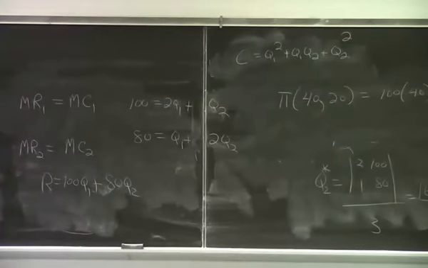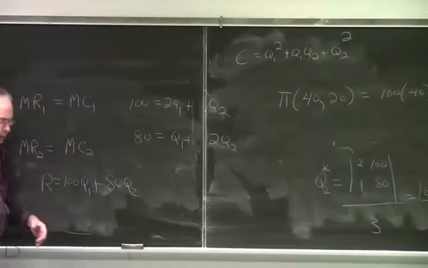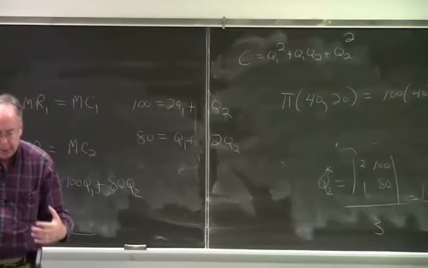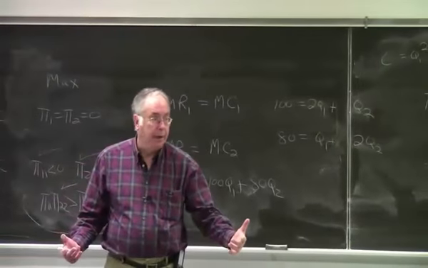Okay. Notice what you have: 2 linear equations and 2 unknowns. In fact, they're the same linear equations we already solved for. So setting MR1 equal to MC1 and MR2 equal to MC2 is equivalent to satisfying the first order conditions, which we already have done.